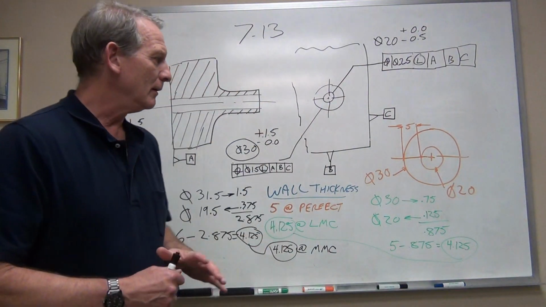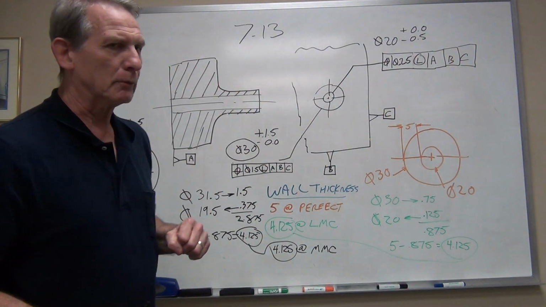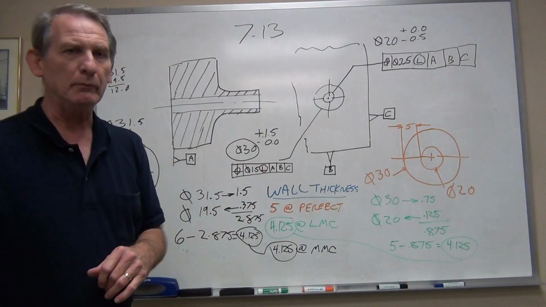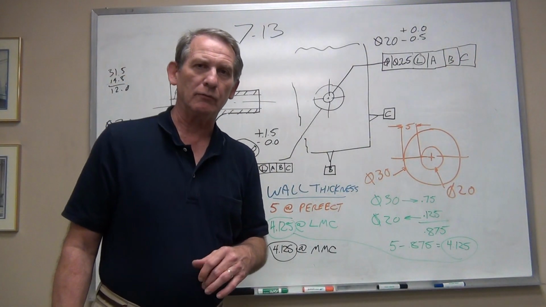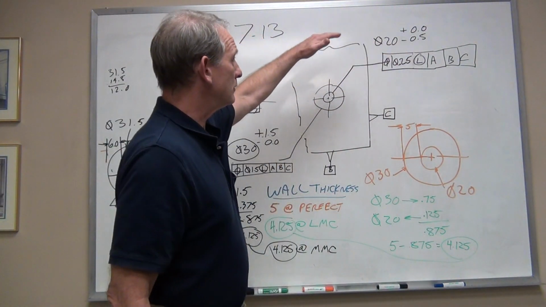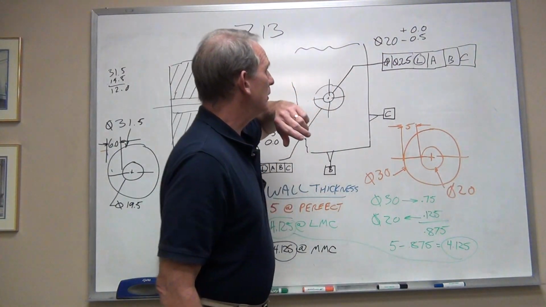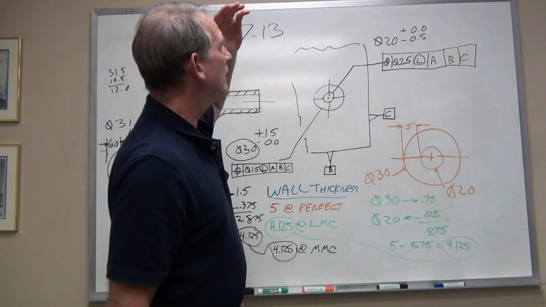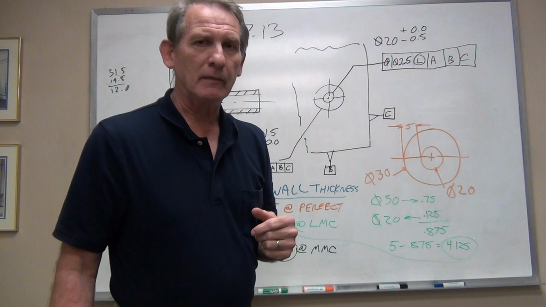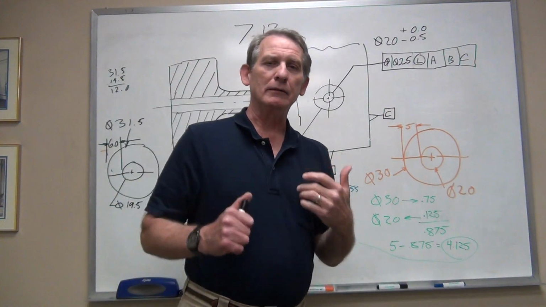So if I make the boss 1 millimeter bigger, I get an additional 1 millimeter for the tolerance zone of position. And likewise here, only just the opposite. Here we have a 20 millimeter hole plus nothing minus 0.5, so that 20 millimeters is also at least material condition.